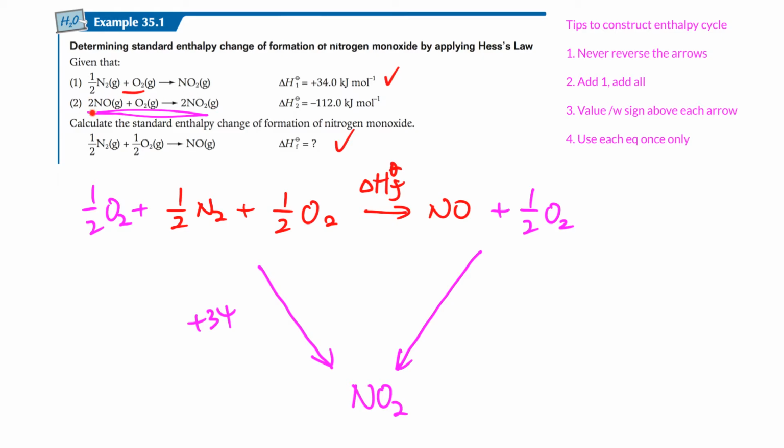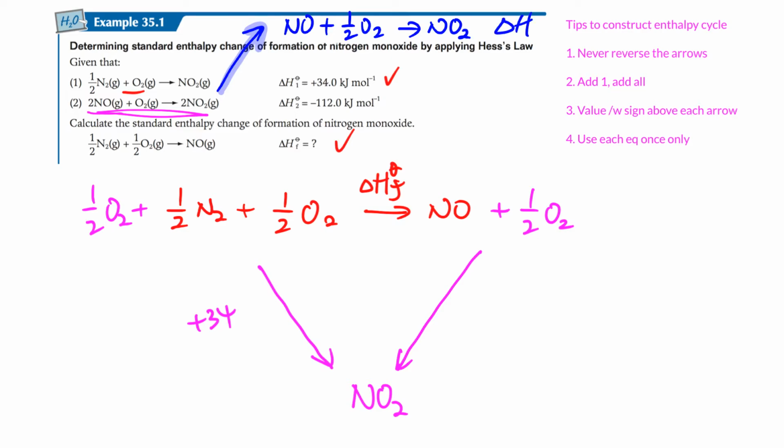If you remember, if I divide this one by 2, or you multiply this one by 2, the enthalpy change will also change accordingly. So in this case, if I divide the whole equation by 2, then you have NO plus half O2 becomes NO2.